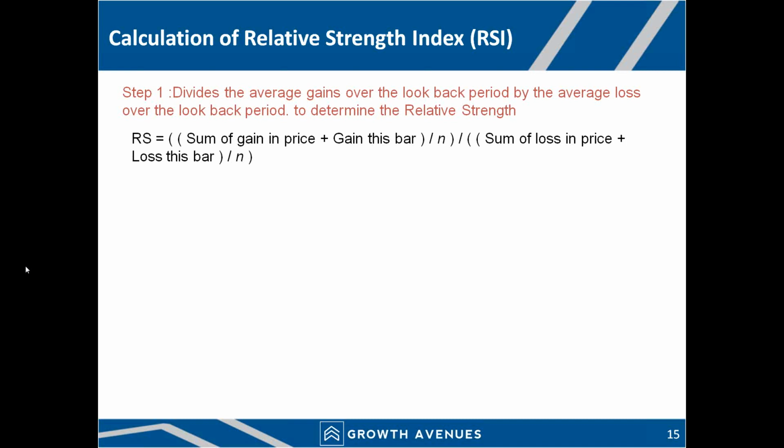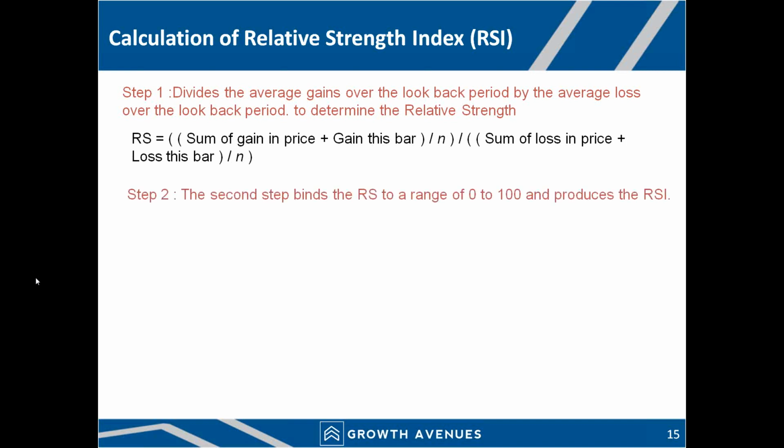That way you are calculating the gain in price and dividing it by the number of days which you have set as 14, which is the default of the software, and then similarly you are dividing it by the loss to get the relative strength.